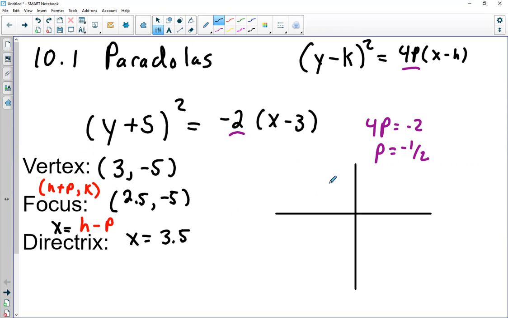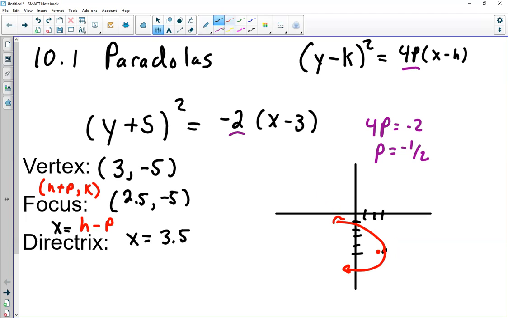Okay, so then it is 3, 1, 2, 3 to the right, 1, 2, 3, 4, 5 down. Put a dot here. This is your vertex. Your focus is 2.5, so your focus is going to be a little bit to the left. Knowing that, you know for a fact the parabola is going to go this way. This is where we can make it as thick as we want.